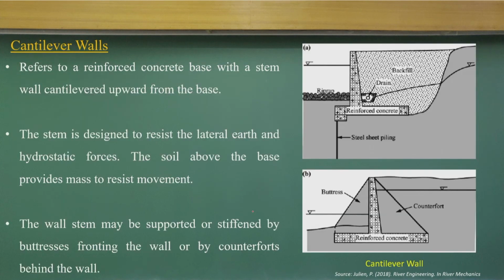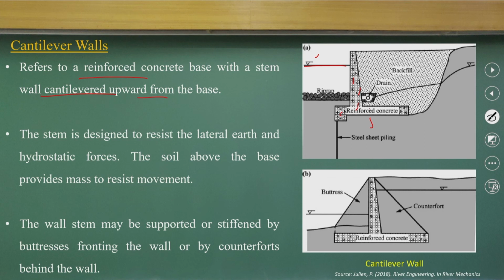For the next part, you can have a stone riprap, and with the river flood level here, a reinforced concrete base with a stem, a cantilever wall upward of this face. These are good for smaller rivers, and you can also consider this retaining wall.